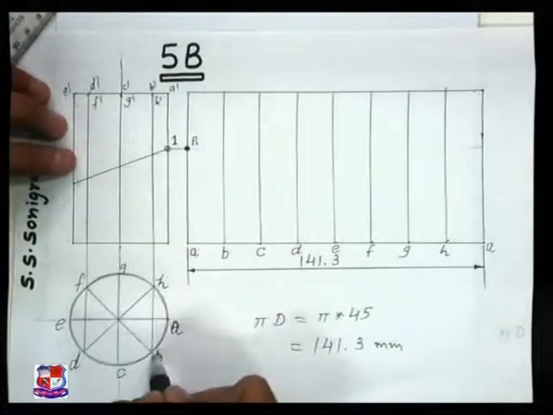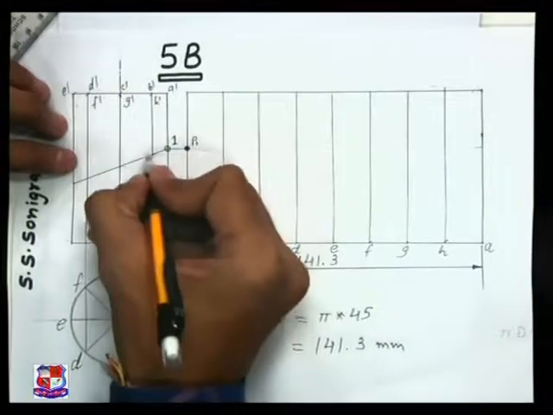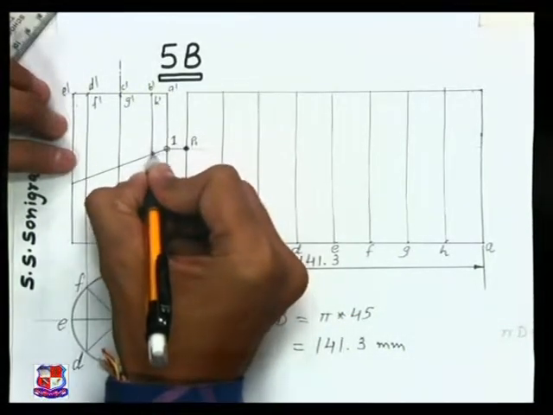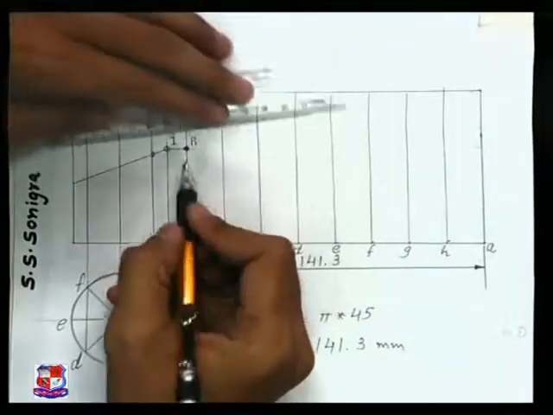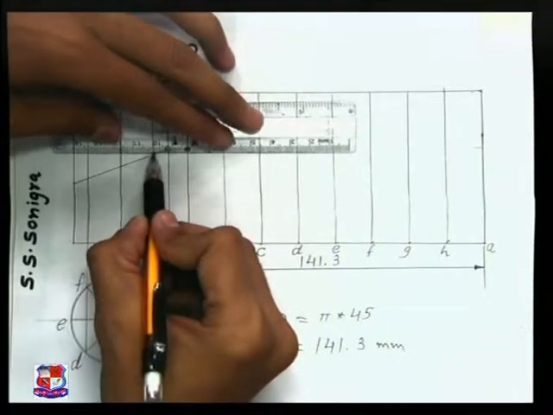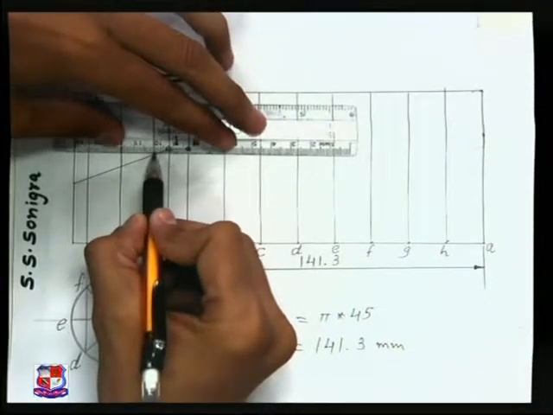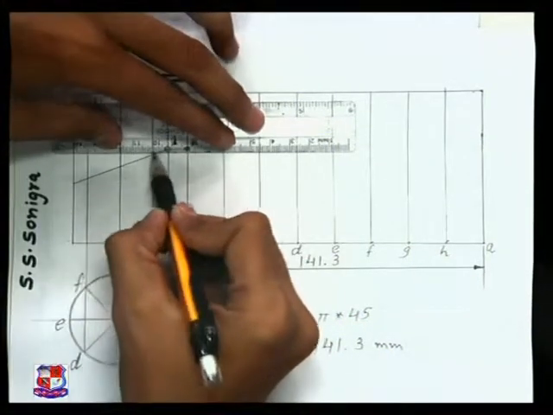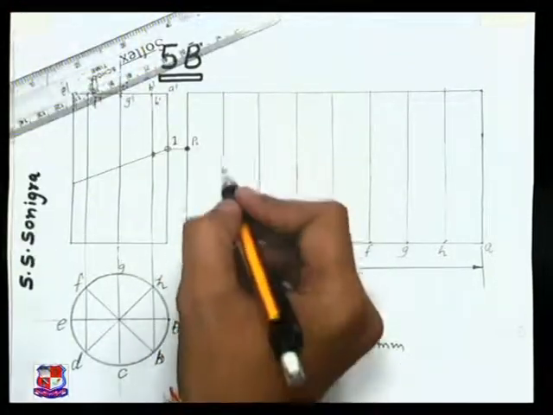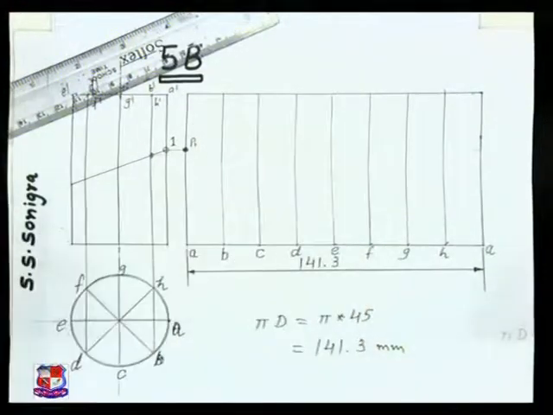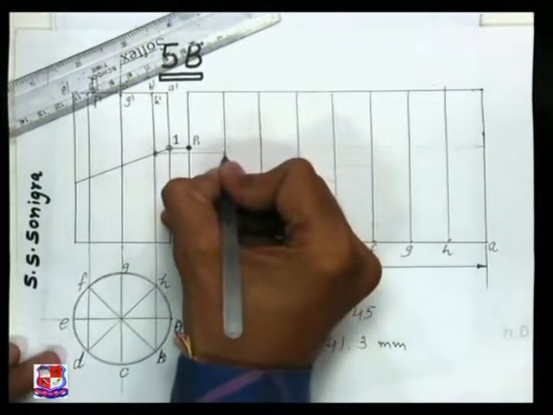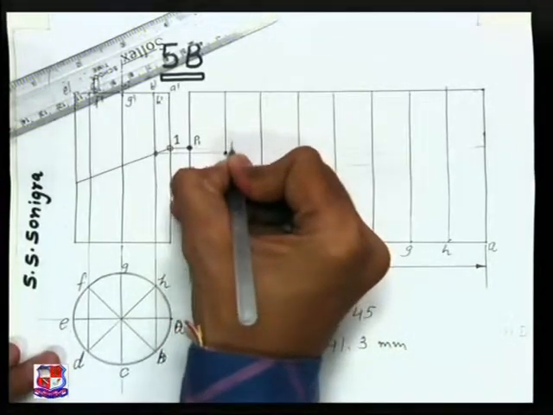Pick up the point on the B generator. From B draw a horizontal line like this, and that will cut the vertical line from point B at one point somewhere here. So this is point P2.